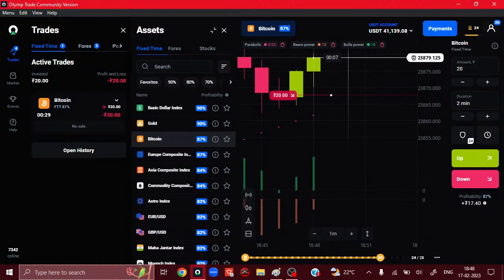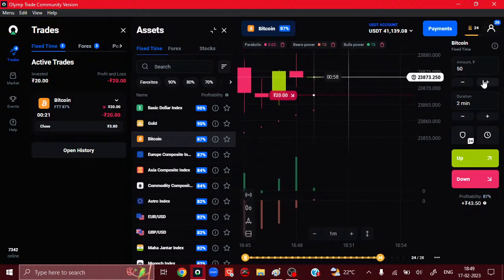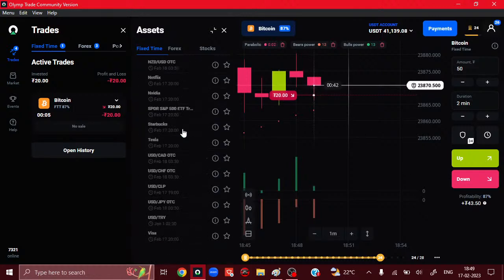Okay, I don't think that we are going to win this trade. Now let us move to the second step of the martingale, guys. Second step. Okay, let's wait for this trade. Meanwhile, let us try to find an entry.